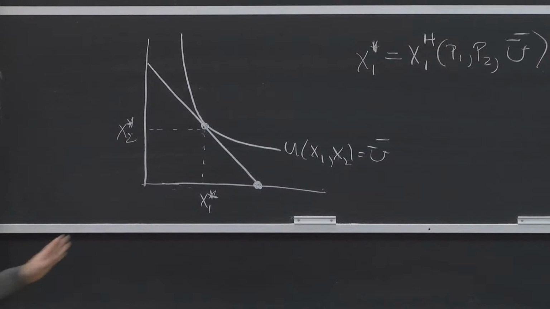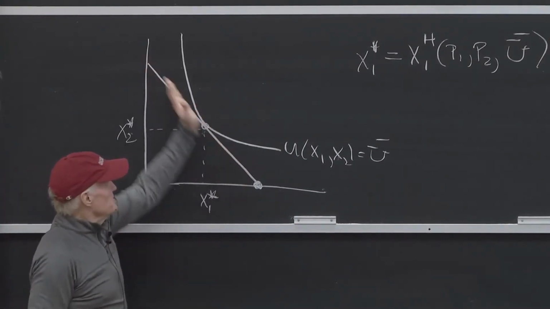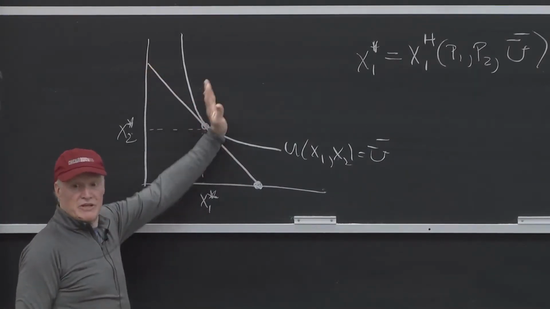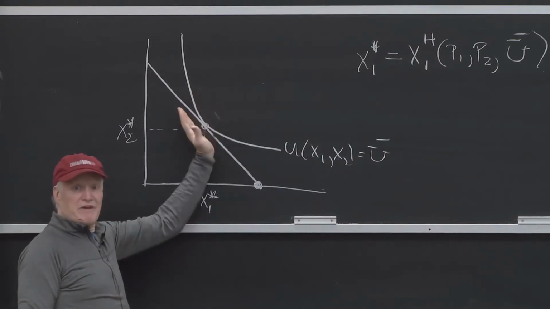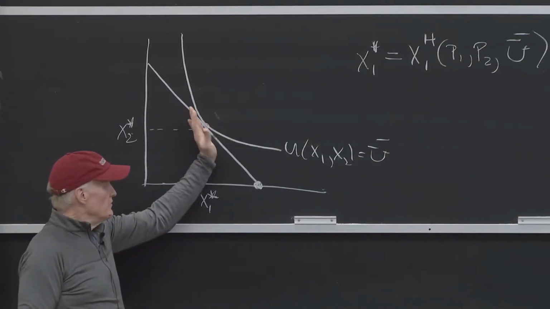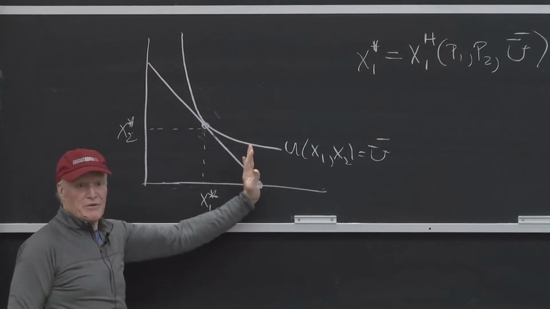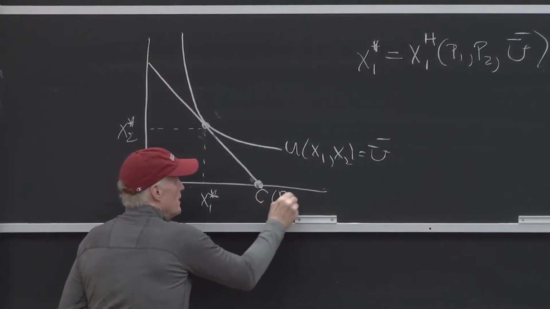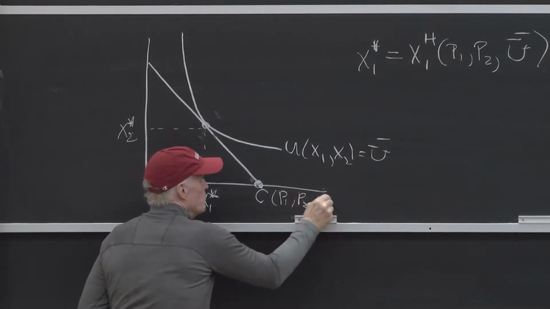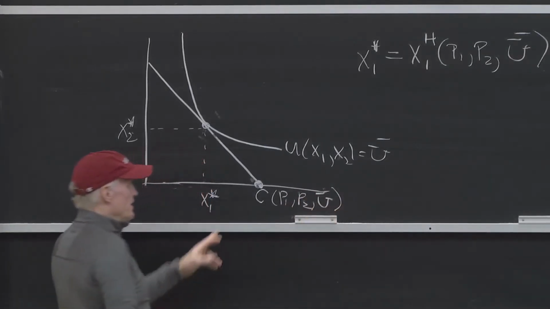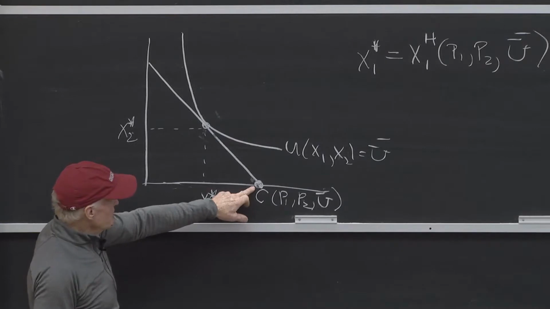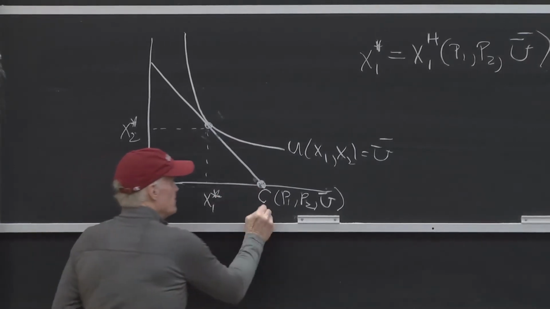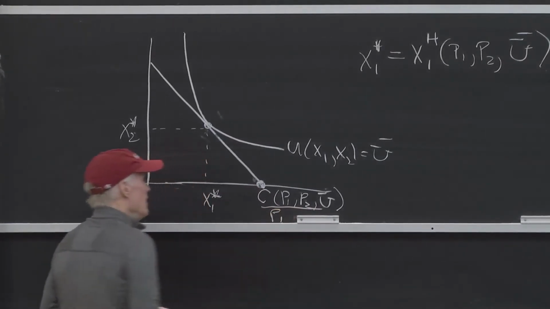Well, remember, this line represents the minimum cost way of achieving that level of utility, right? That's how we found that line. So the cost level associated with this line must be C of P1, P2, and U bar. But this is not the dollar value, it's how much x1 I could buy, so that's that divided by P1.